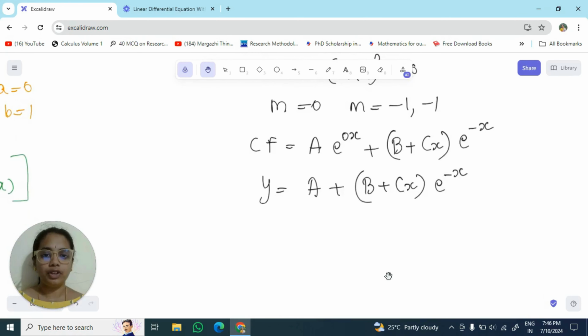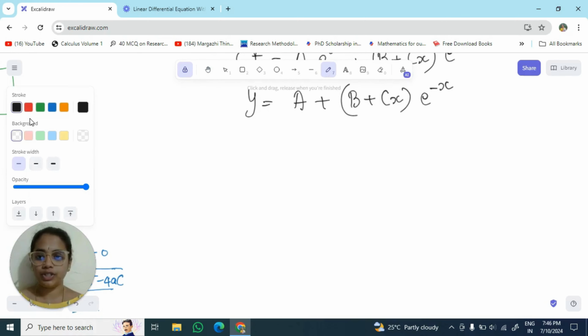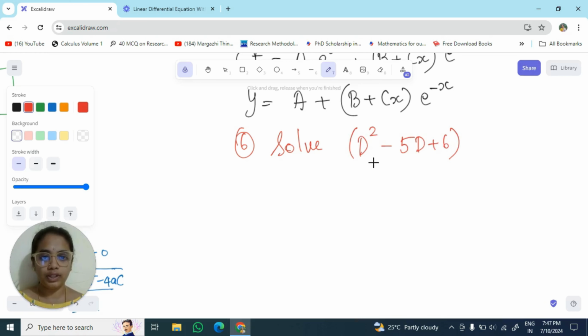Okay, now moving on, let us solve another differential equation. They've asked us to solve d square minus 5d plus 6 whole thing into y is equal to 0. Simple question, agree? So if I write the auxiliary equation, it would be m square minus 5m plus 6 is equal to 0.